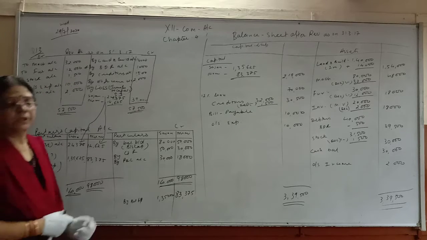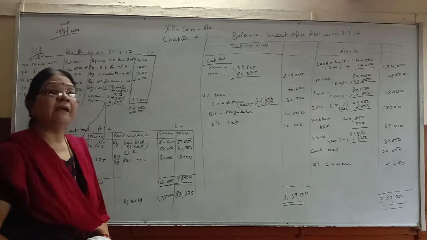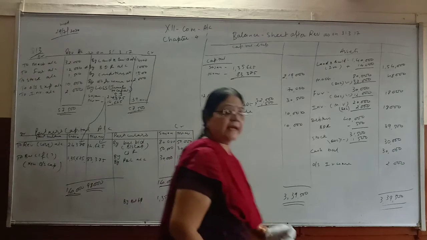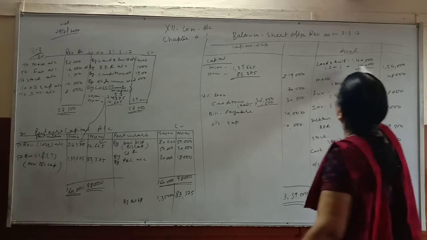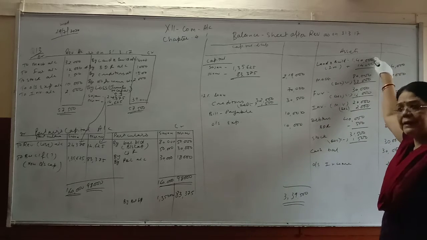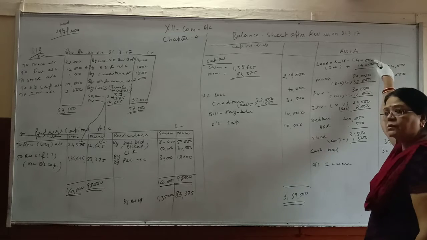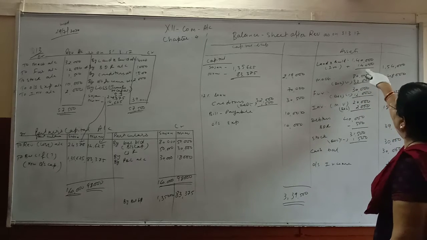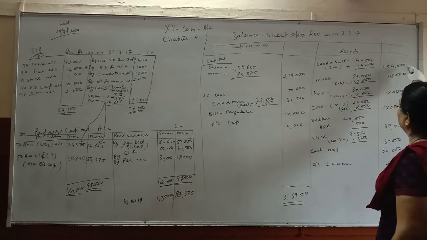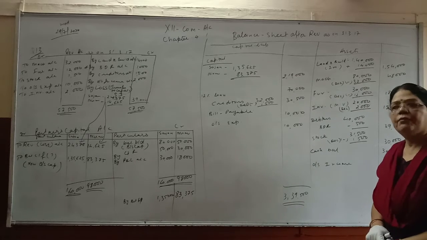The second effect also, children, I will show you. The second effect we will write in the balance sheet: land and building, which is given in the old balance sheet as 1,40,000, and increase 10%, that is 14,000.